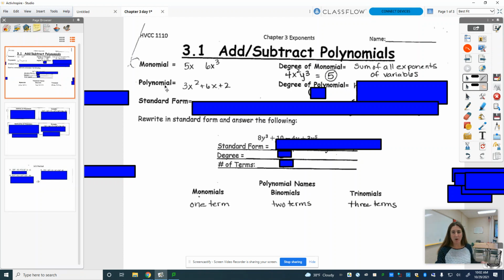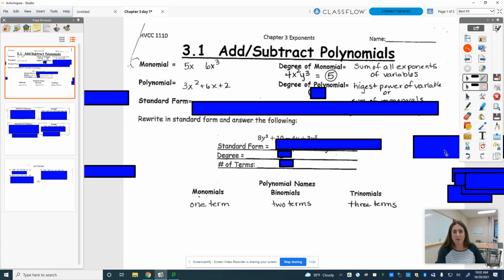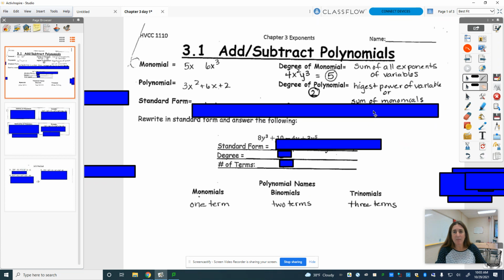Polynomials are made up of more than one term. So this polynomial is 3x squared plus 6x plus 2. And if you were looking to find the degree of the polynomial, it's the highest power of the variable, if there's only one variable there. In this case, our highest power is going to be 2. Or if it's made up of monomials, it's the sum of all your monomials.